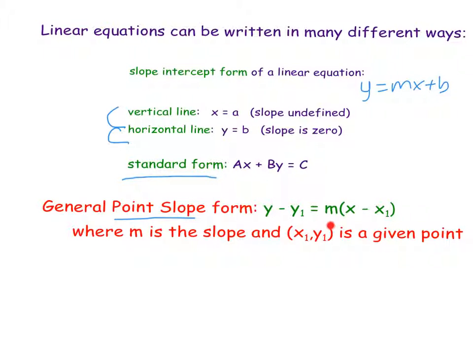So this y and this x is the same as this x and this y. So it's the variables in the linear equation, where this is going to be a number, this is going to be a number, and this is going to be a number. It is really, really easy if you're given the slope and a point to just slam it in there and not have to worry about going any further.